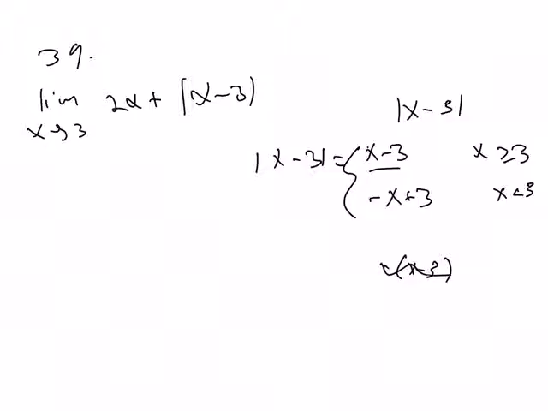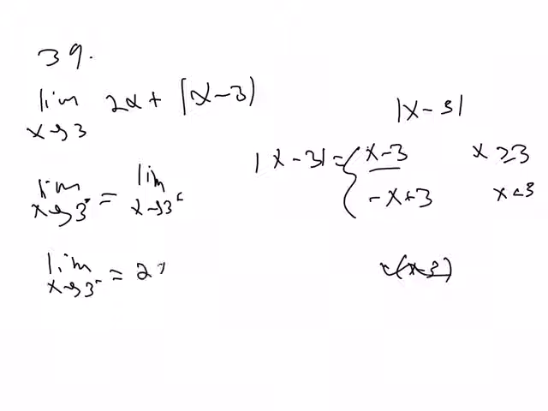So the reason the limit might not exist is that the limit as x approaches 3 from the left must always equal the limit as x approaches 3 from the right if the limit exists. So let's make sure that they're the same. Let's look at the limit as x approaches 3 from the left. This is equal to 2x plus the absolute value.